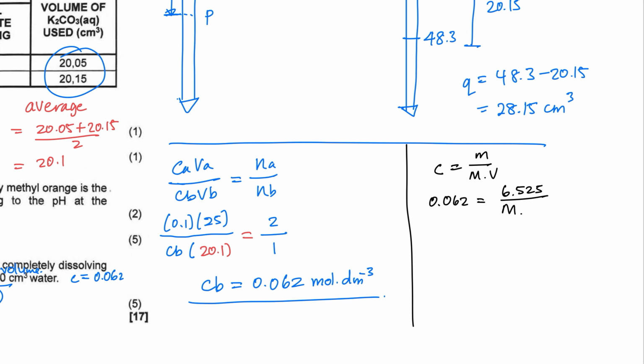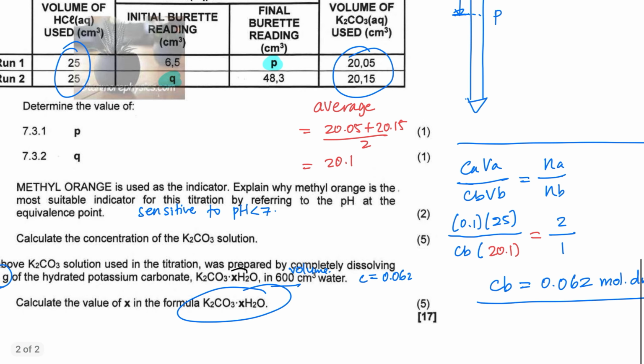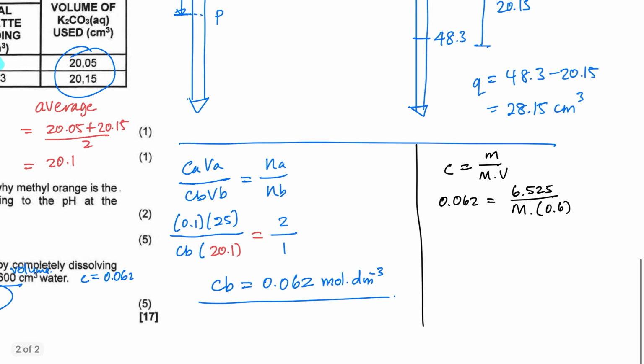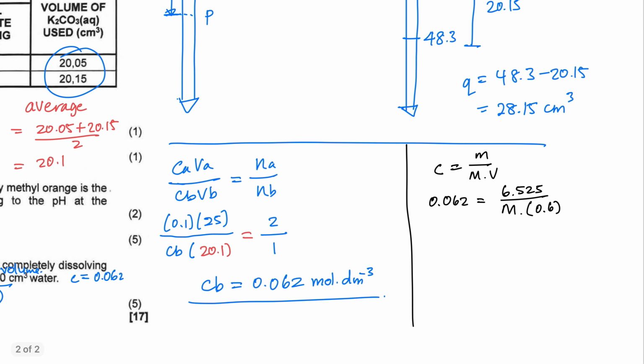We don't know, because remember, the molar mass includes the water. We don't know the number of waters, and so we don't know the molar mass. And the volume was made in 0.6 dm cubed of liquid. So we can solve for M, the molar mass.